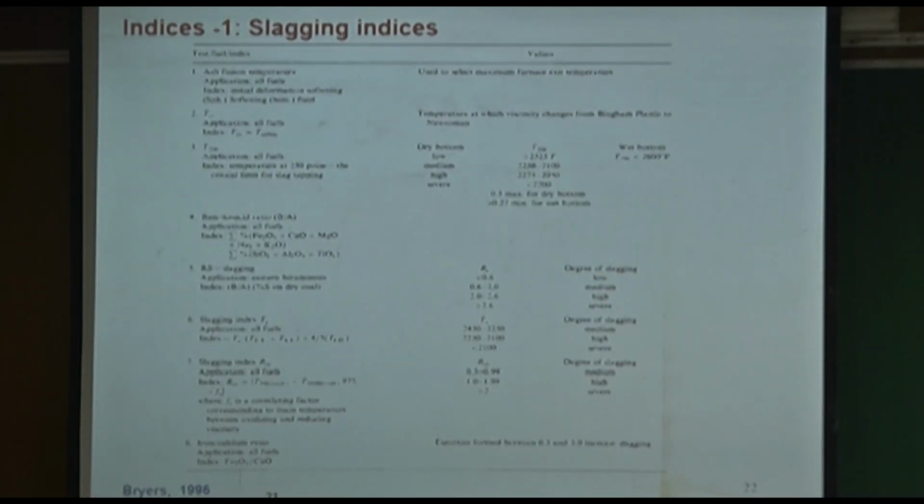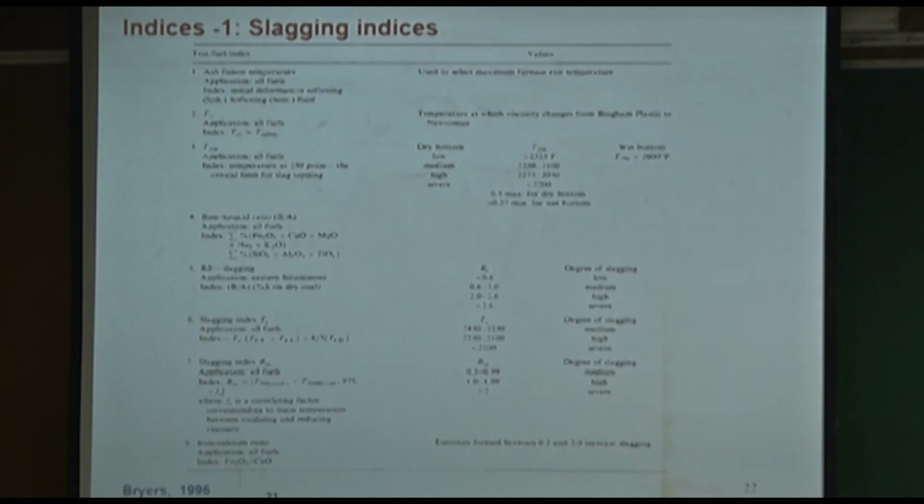So the base to acid ratio is not a measurement but an index, based purely on the ash composition, and it is widely followed, only if that coal composition is within the database of what they have, that means on which they have experience. If not, then they ask for these experiments to be done, the analysis to be done, the actual viscosities to be measured, etc.